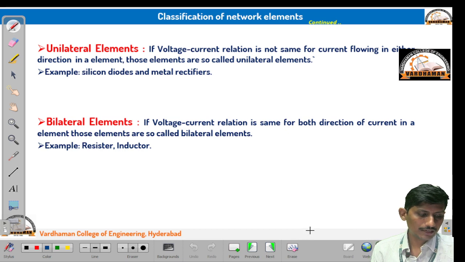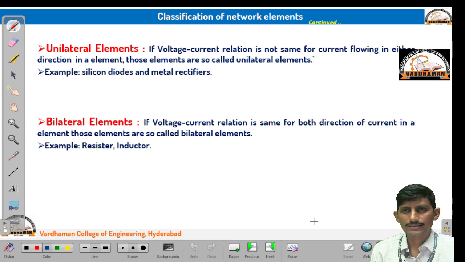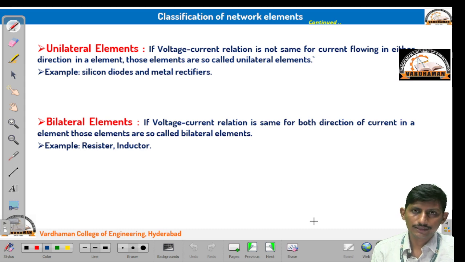The next type of classification is unilateral elements and bilateral elements. If the voltage current relation, or the excitation and response relation, in any element is the same in both the directions of that element, then that is called a bilateral element. If the relation is different depending on the way we are connecting the element, then that is called a unilateral element.